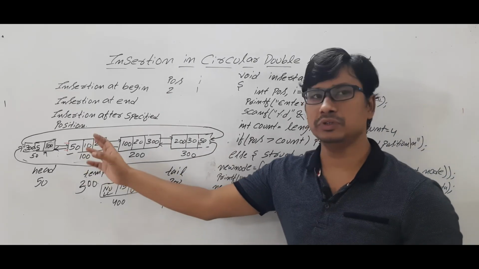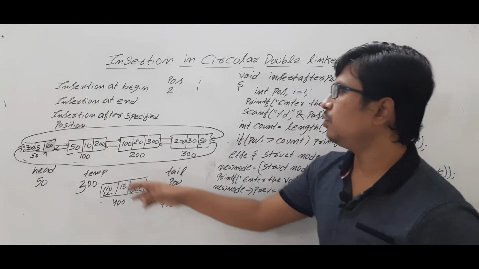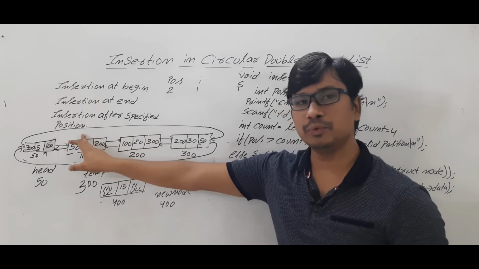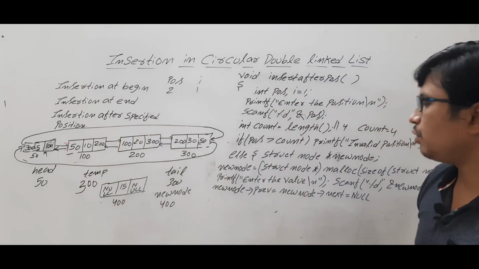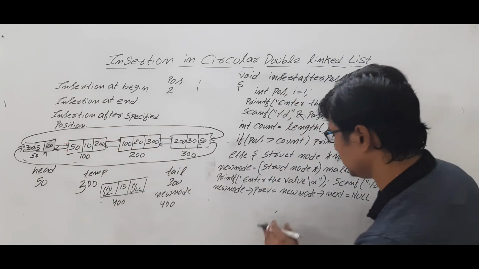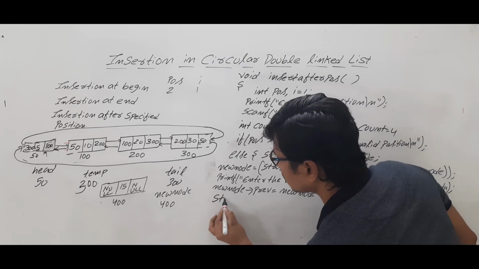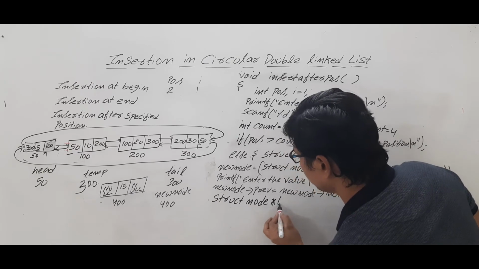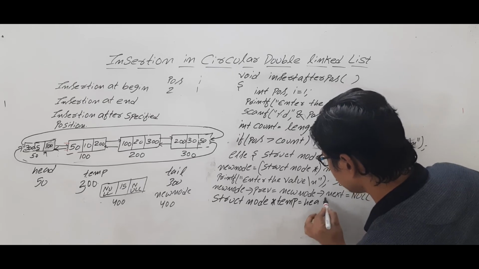If it is a valid position, we can perform the insertion. So how can we insert? We need to traverse up to position 2, up to here, then only we can update these links. To traverse up to there, I will take one pointer called temp. struct node *temp = head.